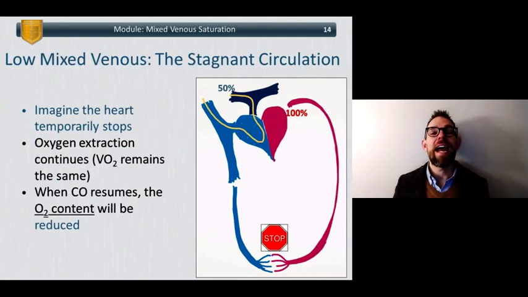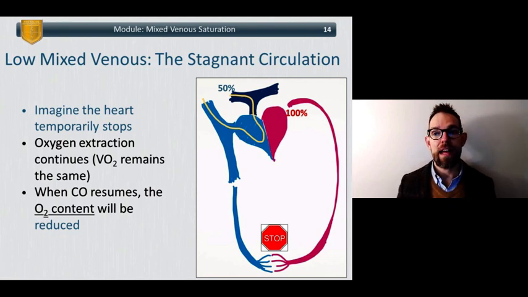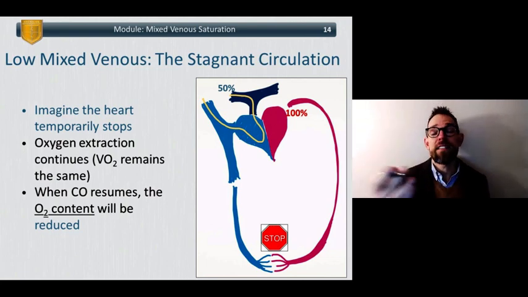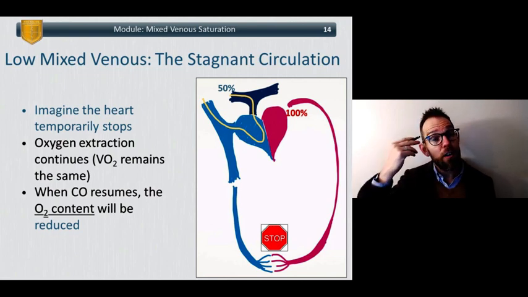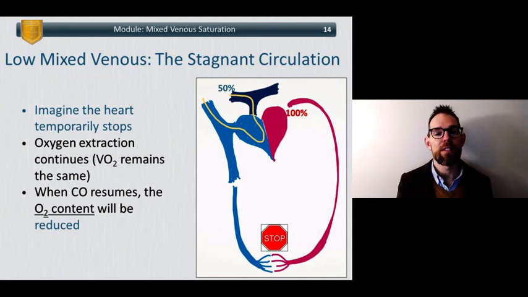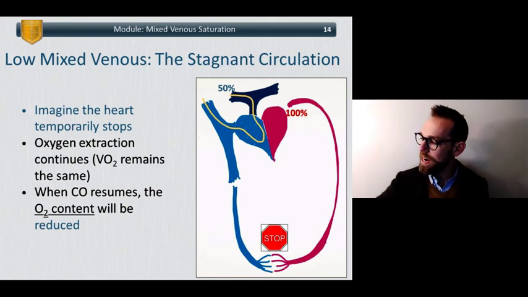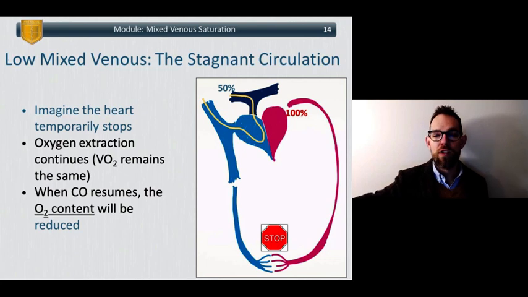Now, if you have a low mixed venous, that's stagnant circulation. So that is a lower circulatory state. So let's say we drop from an SVO2 of 75 to 60, like in our question state, or as we see in this case here, we've got an SVO2 that's actually dropped to 50%. So what I want you to think about is, let's just say cardiac output stops. Boom, stops. No cardiac output at all. The train is no longer driving forward.